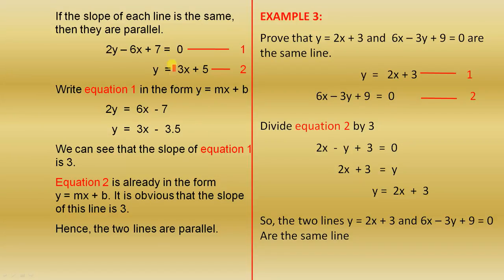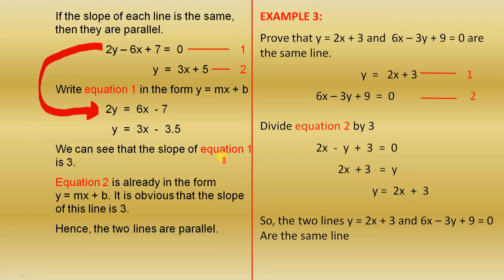From this line here, that's our initial equation, to that line there, we just add 6x to both sides and subtract 7 from both sides. So that gets us to that line. We divide both sides by 2 to give us that line.